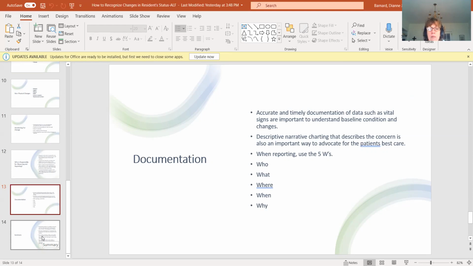They're the color commentator, but you need the play-by-play documented in the medical record or however you document it. You write down your vitals. You write down if you reported any concerns. You write whether they slept, doing your flow sheets. However, that documentation must be done accurately, on time, legibly, and in a way that other people can pull that information and build a way to provide optimal care on their shift.